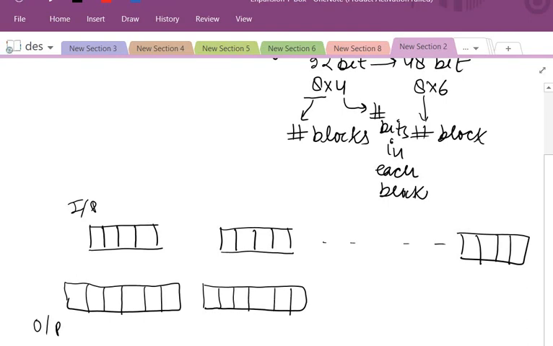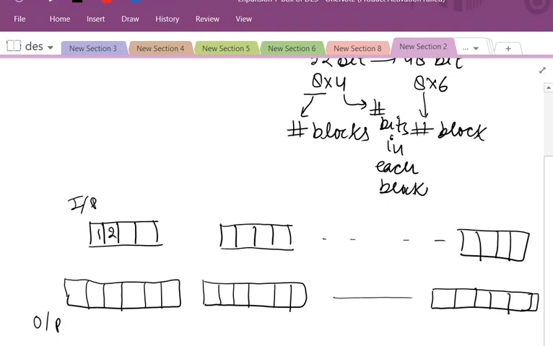The input blocks are 1 2 3 4, 5 6 7 8, and the last one is 32, 31, 30 and 29.